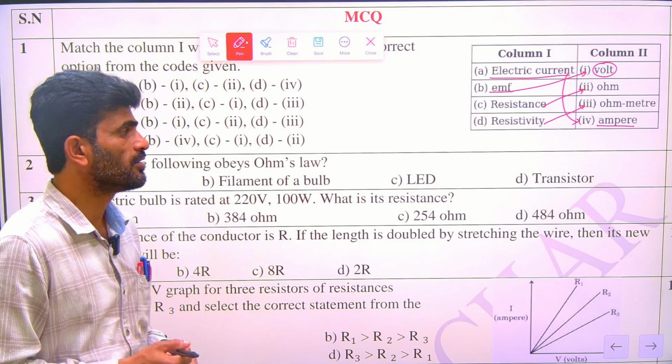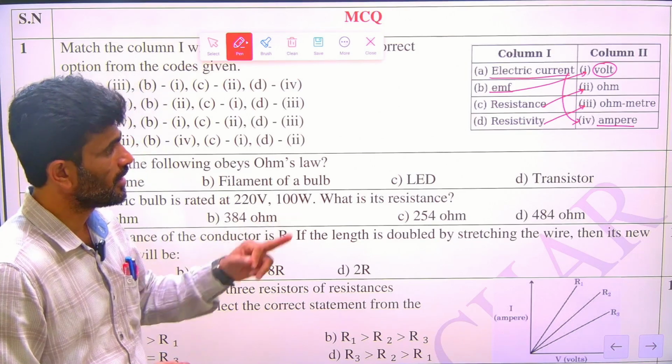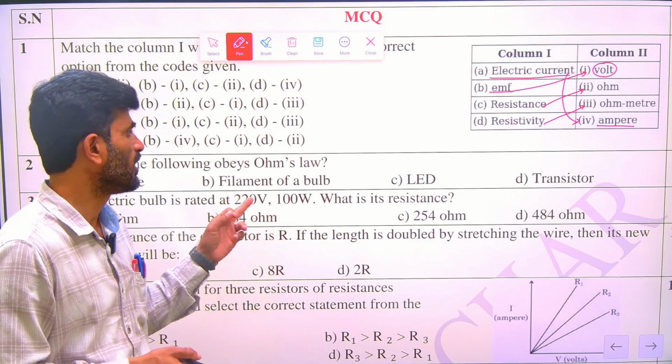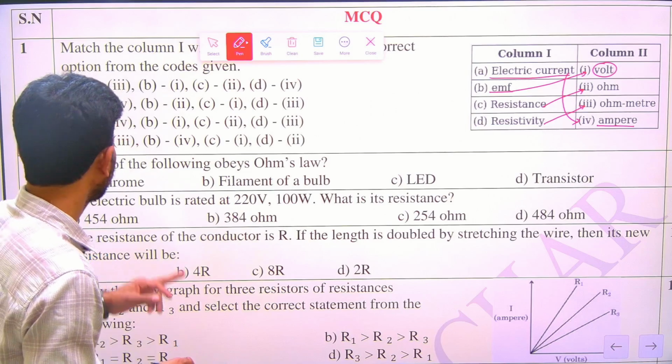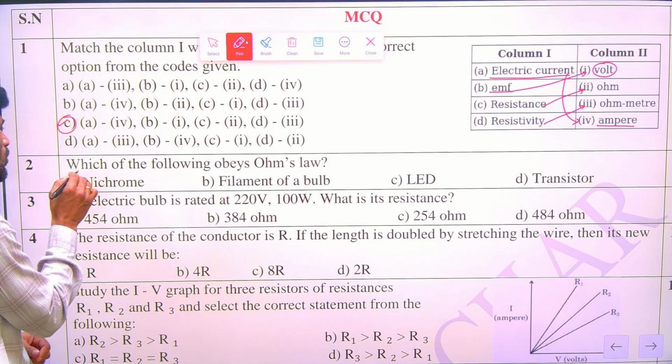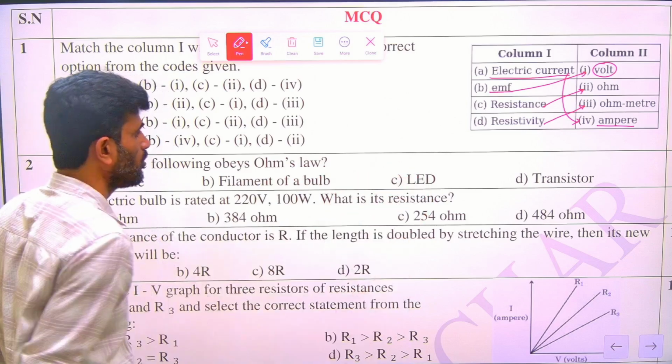Generally all semiconductor devices like diode, transistor and LED, and the filament of a bulb, are non-ohmic conductors. So we have only one option, that is nichrome. Nichrome is an ohmic conductor which obeys Ohm's law, and these three do not follow Ohm's law.